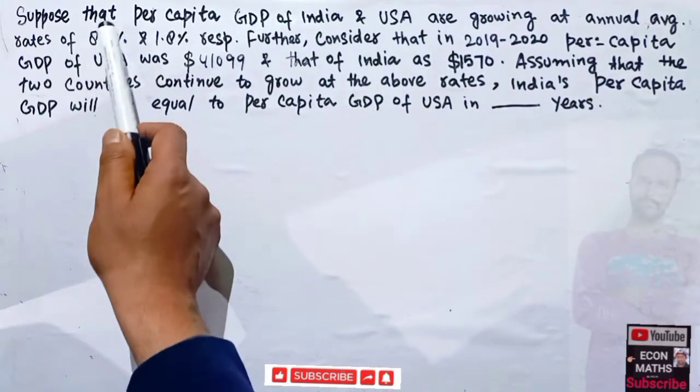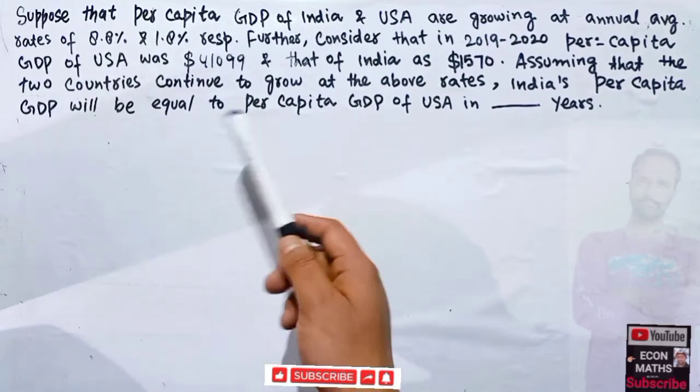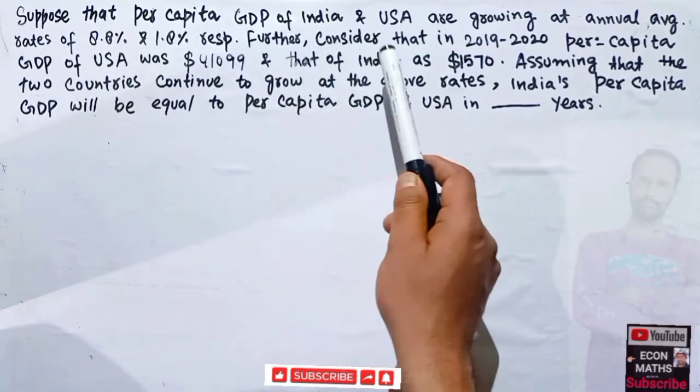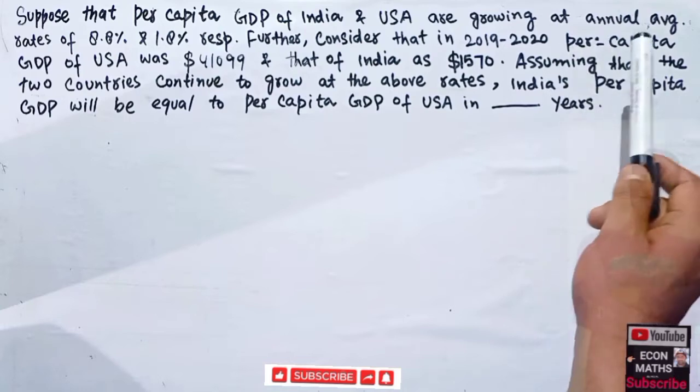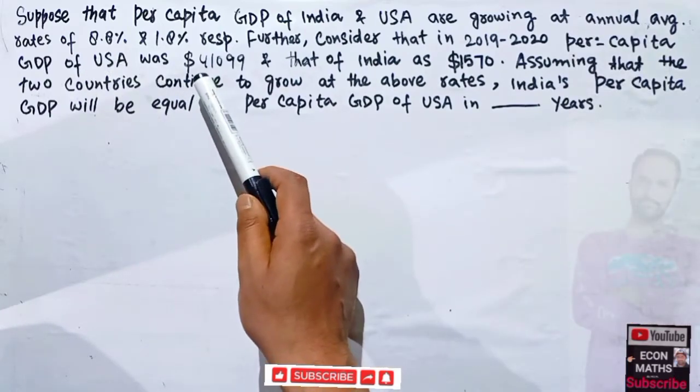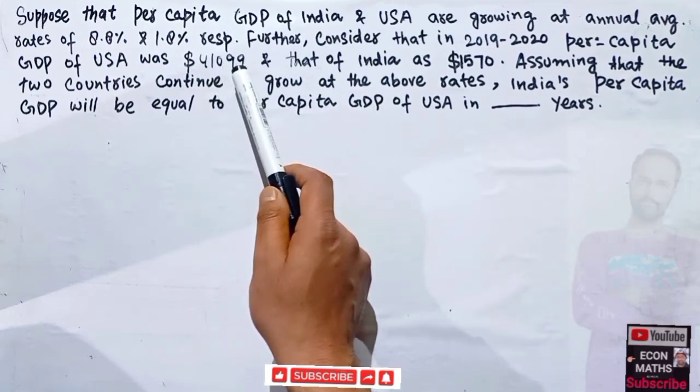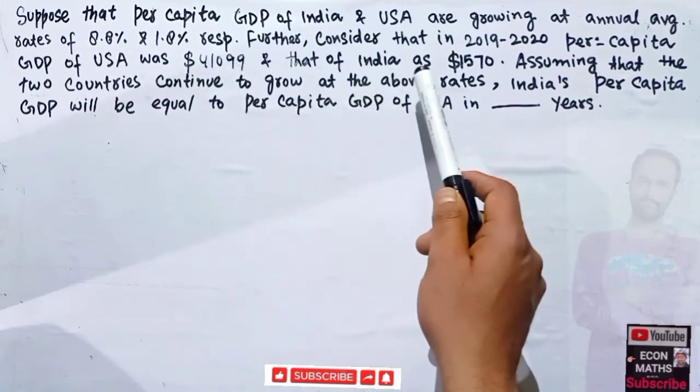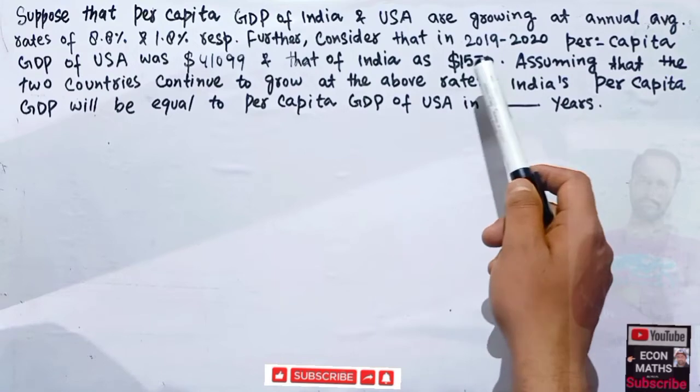Next question is, suppose that per capita GDP of India and USA are growing at annual average rates of 8.8% and 1.8% respectively. Further, consider that in 2019-20 per capita GDP of USA was $41,099, and that of India was $1,570.